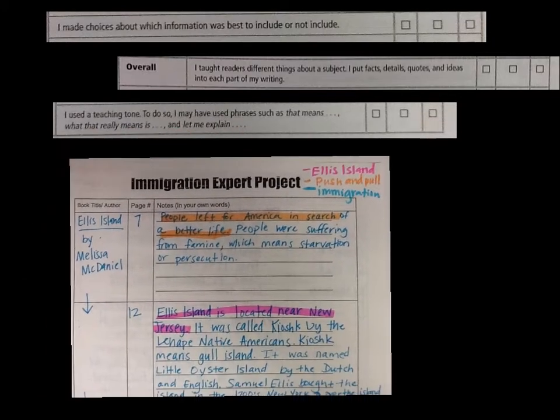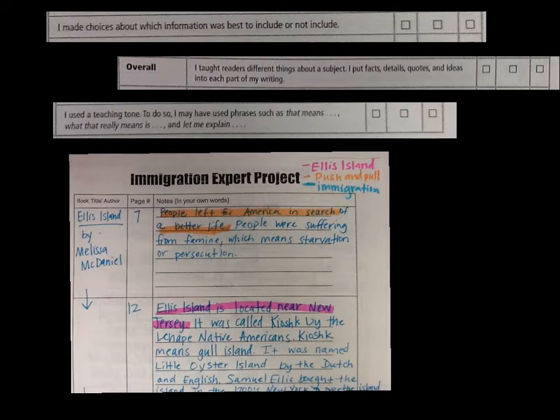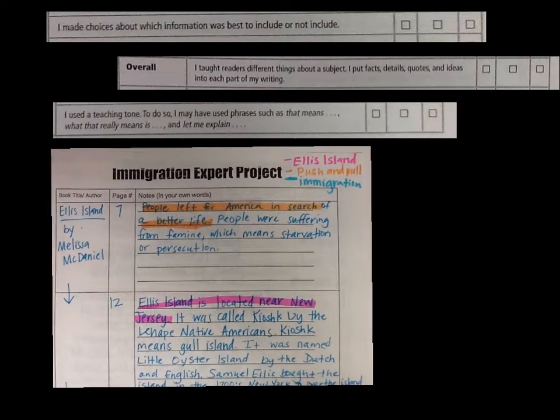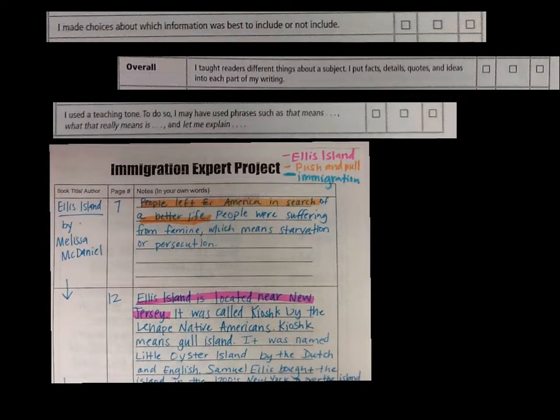So let's take a look at our note sheet. Whenever we start one of the sections of our writing piece, we go right back to our reading notes. On this sheet, we have information all about why people came to and from America, and all about Ellis Island. I know that the first chapter of my book is all about immigration in general.